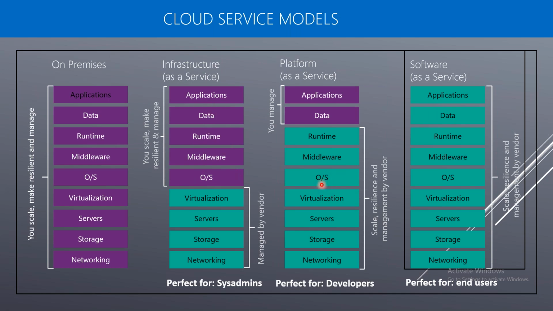Whereas in platform as a service, it is the infrastructure plus the platform that is needed to run your application. When I say the platform, I'm referring to the runtime environment. If you are running a Java application, you need the Java runtime. If you are running a .NET application, you need the .NET runtime or framework. So the platform, the operating system, the middleware, and the runtime will also be managed by the vendor.